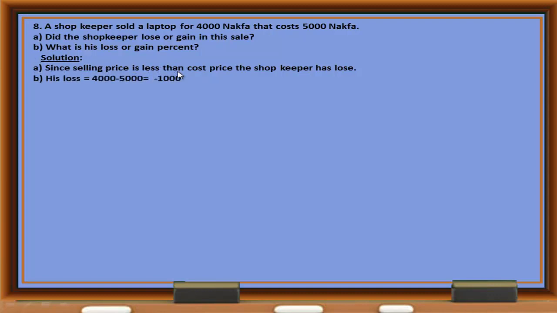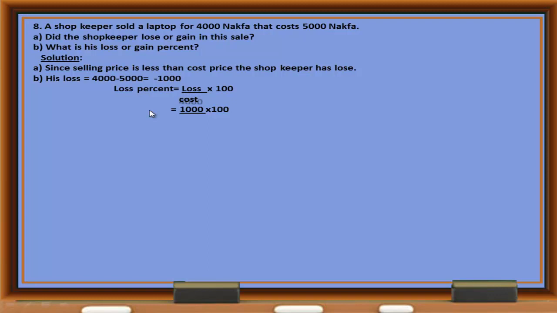B. What is his loss or gain percent? His loss is equal to 4,000 minus 5,000. That is selling price minus cost price. That is negative 1,000. Loss percent is equal to loss over cost times 100.